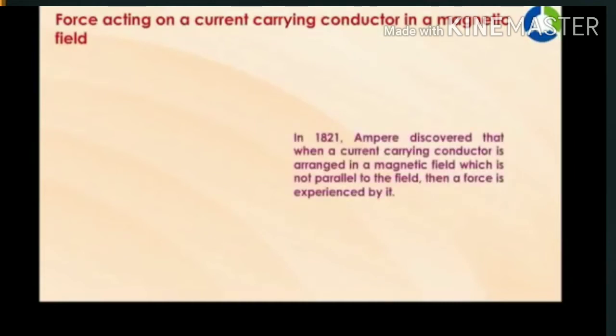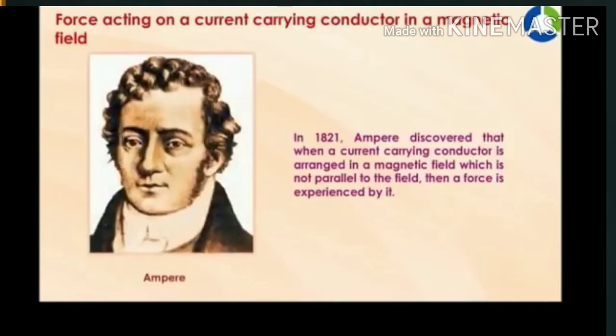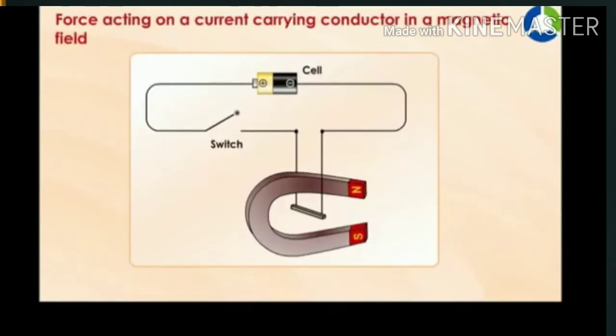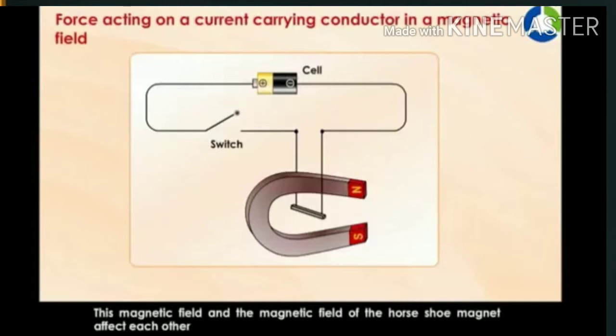In 1821, Ampere discovered that when a current carrying conductor is arranged in a magnetic field which is not parallel to the field, then a force is experienced by it. A conductor carrying an electric current has a magnetic field around it. This magnetic field and the magnetic field of the horseshoe magnet affect each other.